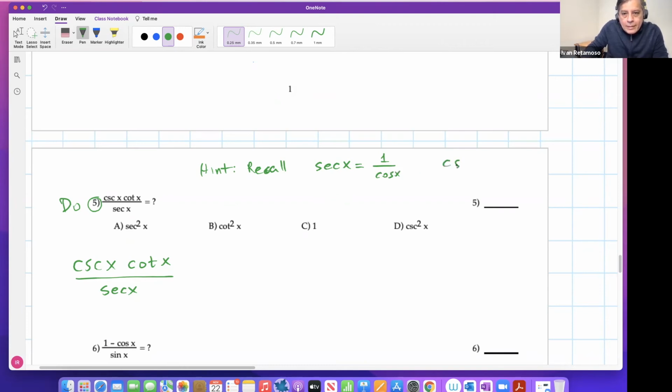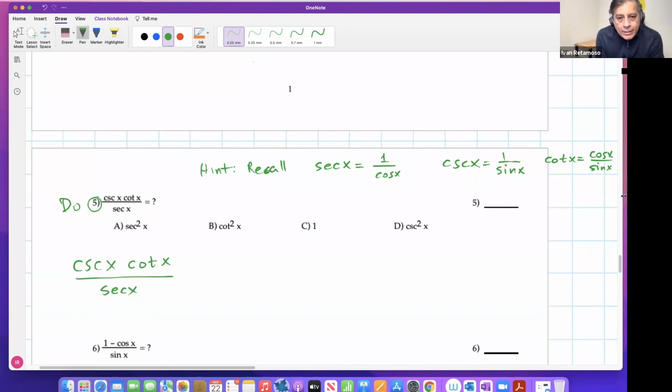And cosecant of x is 1 over sine of x. You can use that for the reciprocal identities. And cotangent of x equals cosine of x over sine of x, right? If you memorize these identities, very good, because you can quickly simplify.